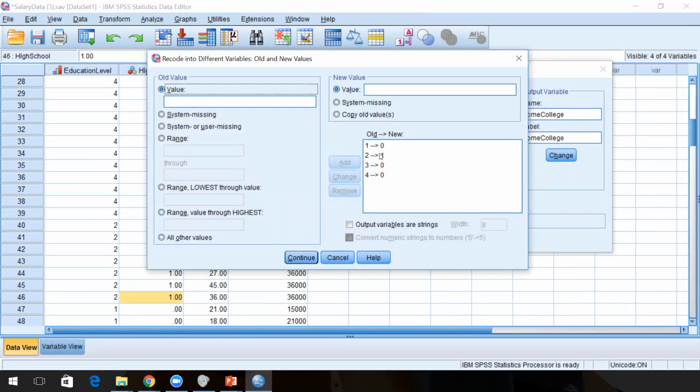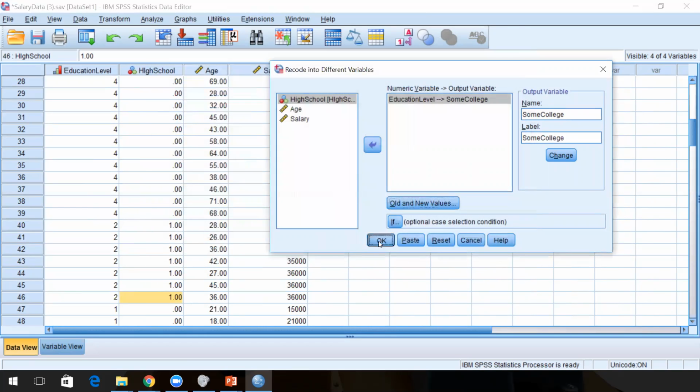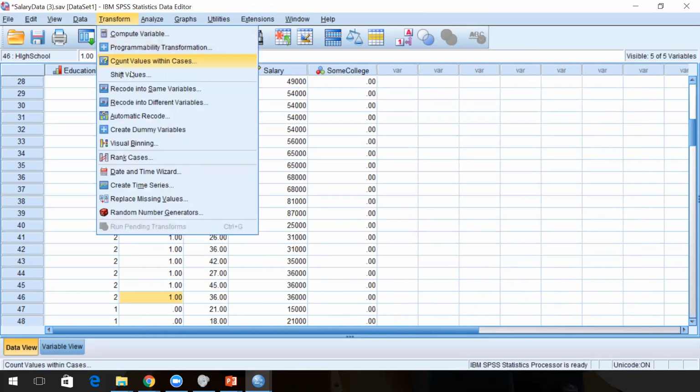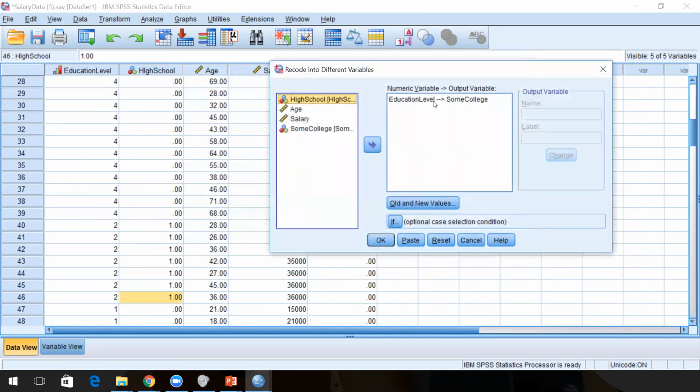Not all of these are going to change, but to make it simpler so I don't get mixed up, pull them all out and start with a 1, that would be 0. A 2, that would be 0. 3, people that have some college, they're the ones that get coded as a 1, and people with a 4 get a 0. And I'll check that in a minute once I do the final one, recode a different variable.